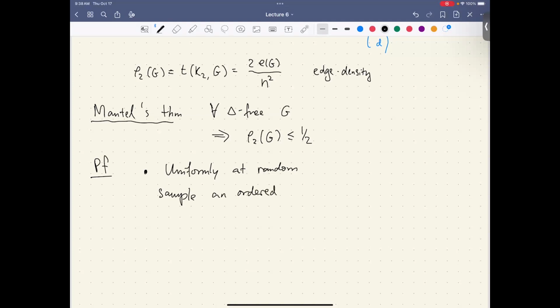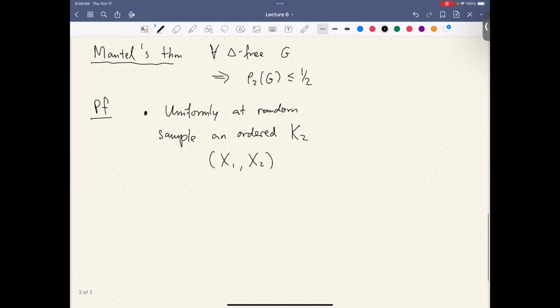Let me call it K_2, and I will call it (X1, X2). Now, as we've seen in Sidorenko's conjecture, we sample the labeled or ordered edge uniformly from all ordered pairs of adjacent vertices.